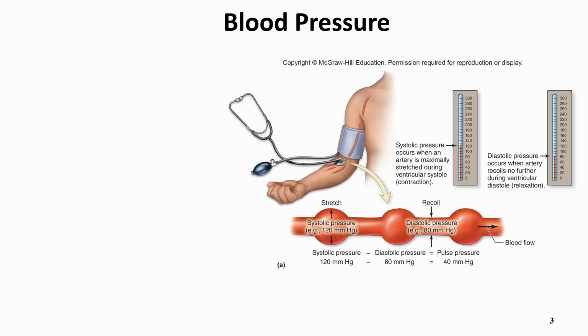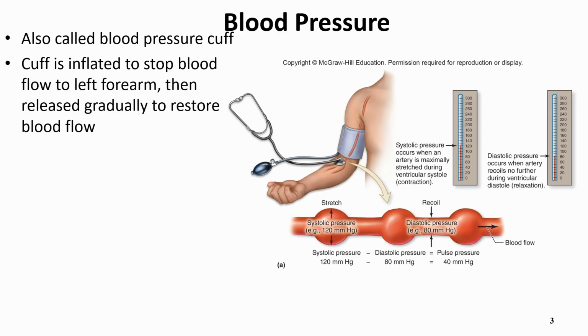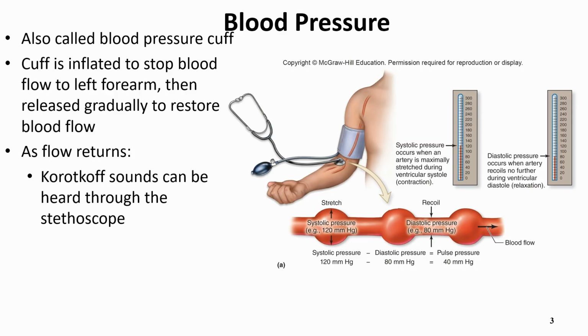So blood pressure, we did this in the lab, so I'm not going to go over it. But what I want to go over here is the carotid cuff sounds. Now if you use a cuff to occlude, that is to completely block the blood vessel, and you place a stethoscope on the antecubital vessel right there in your elbow, you will not hear anything.